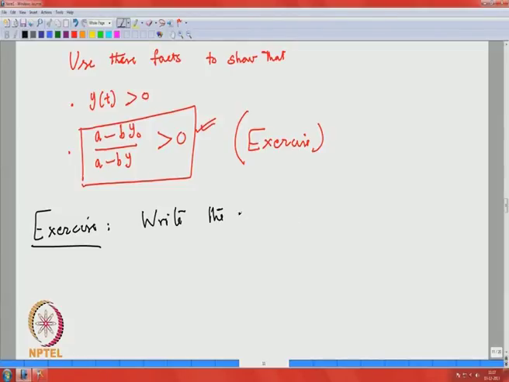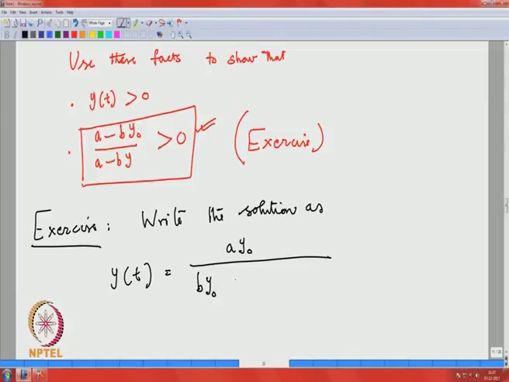Write the solution as y of t equal to a y naught by b y naught plus a minus b y naught into e power minus a into t minus t naught. Prove this, for t greater than t naught.